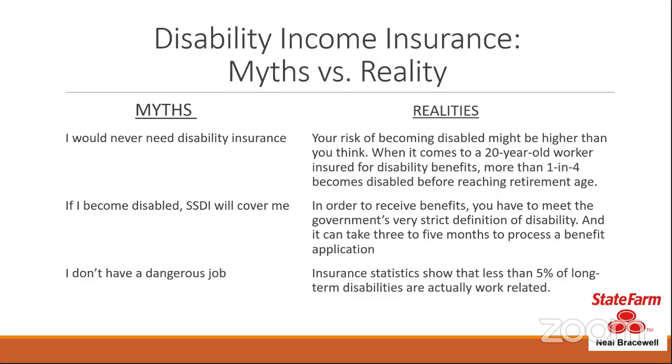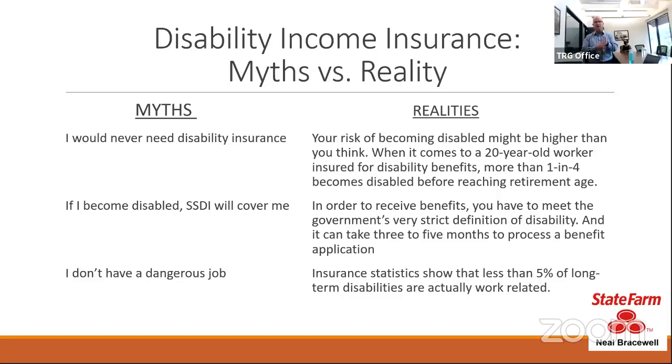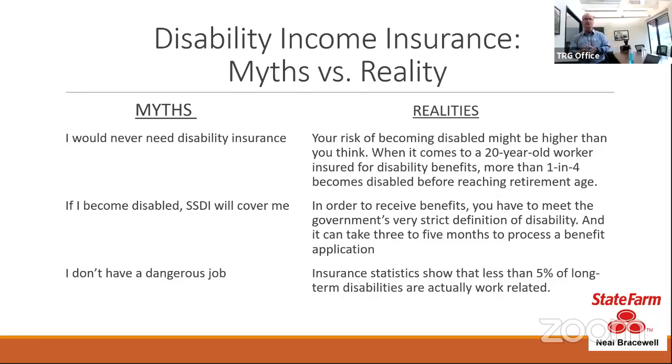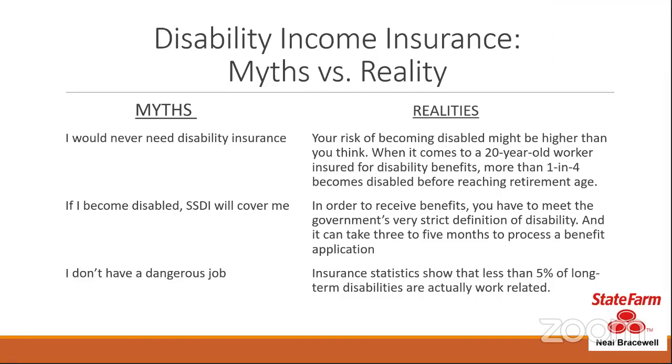A 20-year-old has a 1 in 4 chance of becoming disabled between the time he or she starts work and retires. That's a 25% chance of you becoming disabled. That is a higher chance than you dying while you're working.